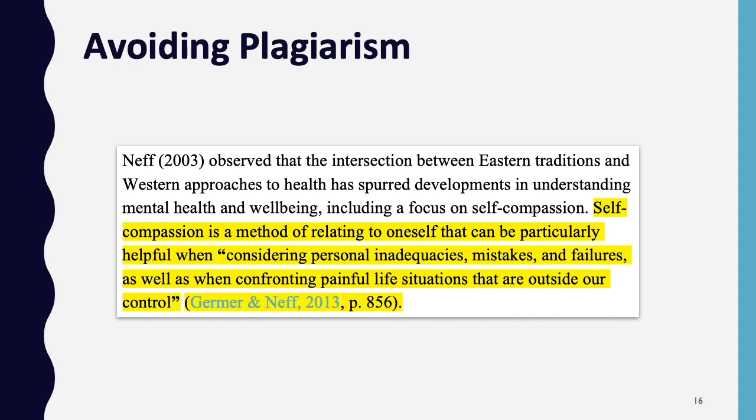As a writer, you should put quotation marks around phrases as short as 5 words that you take from your sources. For quotations, APA also requires writers to mention the page number on which the original text is located. In this case, the quotation came from page 856 of the Germer and Neff article. When you paraphrase, you do not have to include the page number where you found the idea that you are paraphrasing.